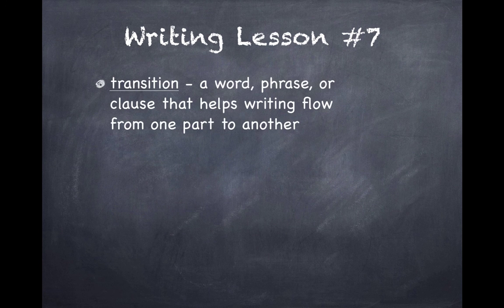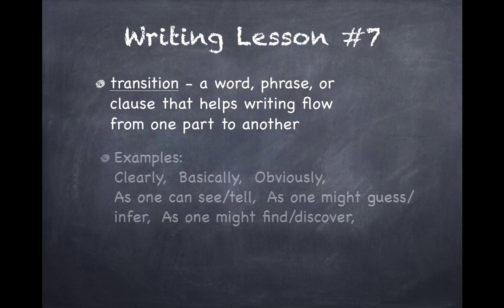All right, after our hook, we want to explain our hook. But before we get there, sometimes it's good to help our sentence fluency flow from one part to another, to use a transition. So a transition is going to be a word, a phrase, or possibly a clause that helps writing flow from one part to another.